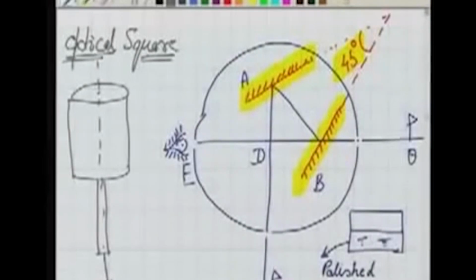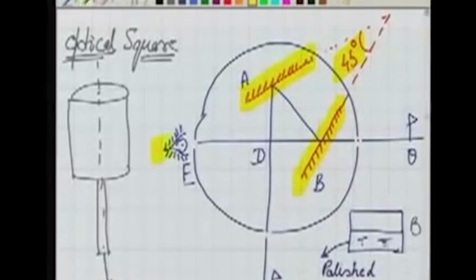Now in the case of the optical square, regarding these two mirrors, let us say the mirror at B. I am showing the mirror at B here in this diagram. This mirror at B is made in such a way that half of it is polished. Polished means half of it is mirror and half of it is transparent. Just keep in mind, this is the mirror part, and this is the transparent part.